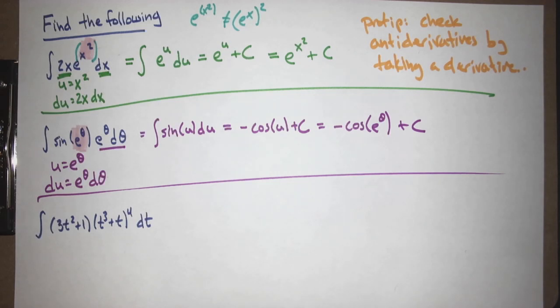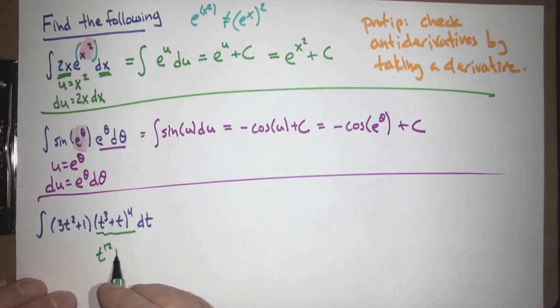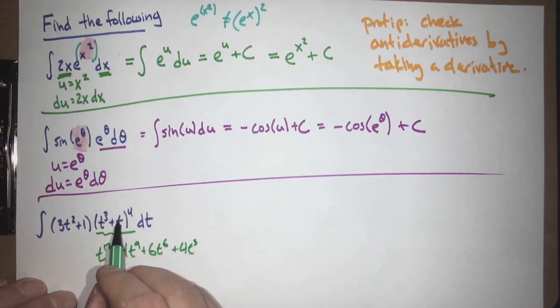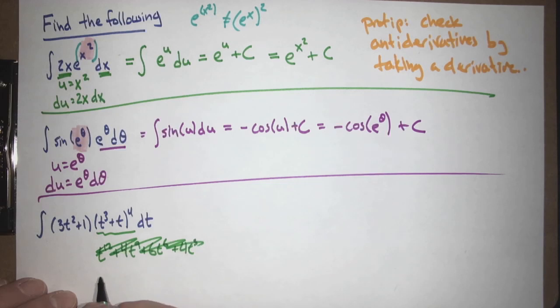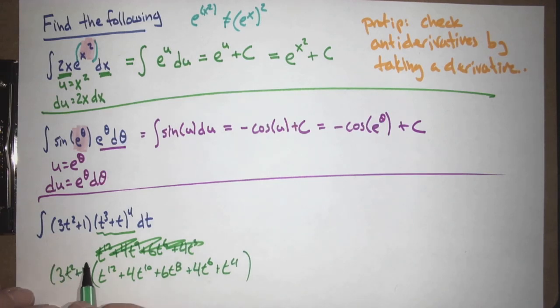That is t to the 12th plus 4t to the 10th plus 6t to the 8th plus 4t to the 6th plus t to the 4th. Then we could multiply by 3t squared plus 1, so we get a polynomial, and then we can integrate that polynomial.